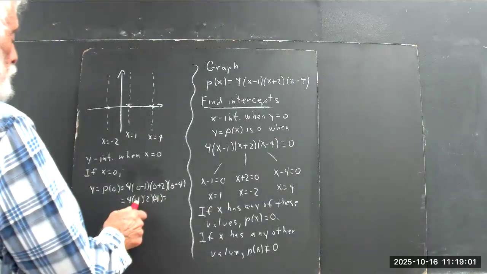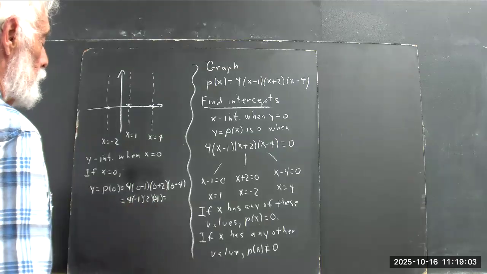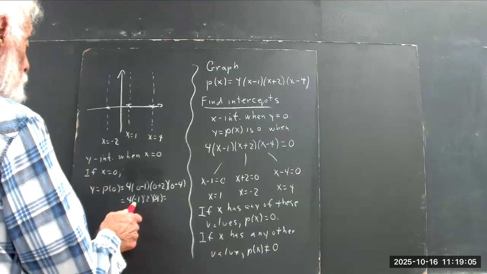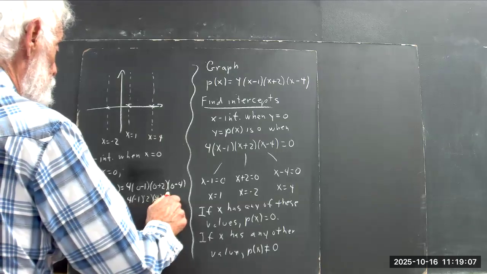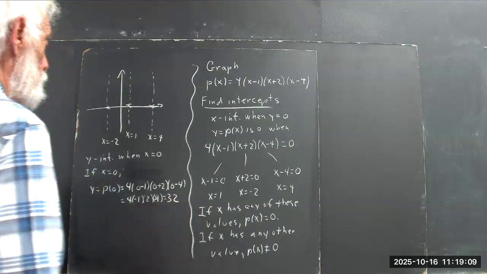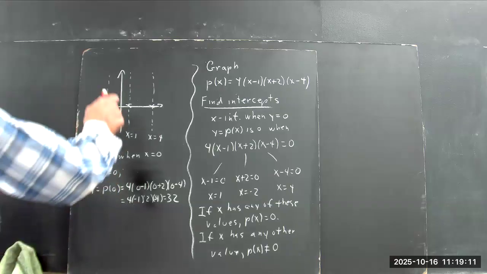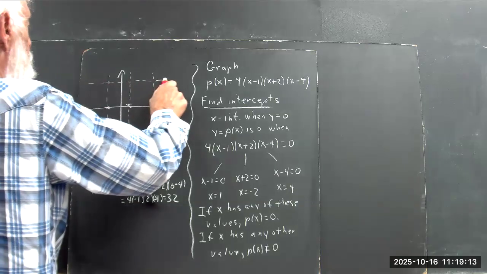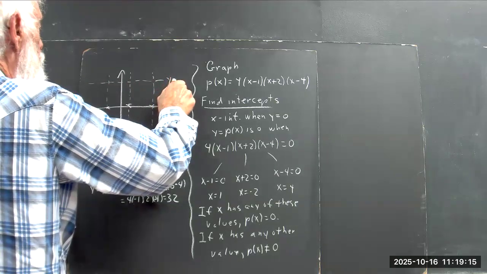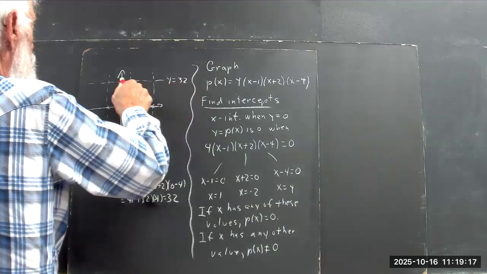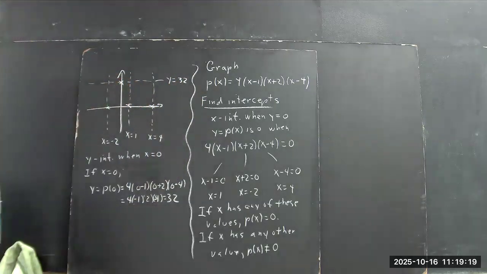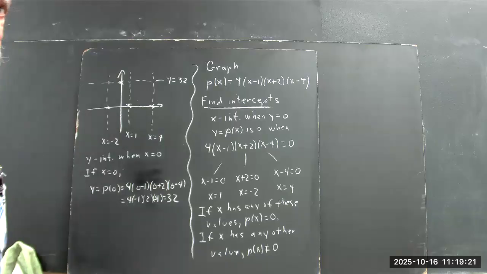Okay, so 4 times -4 is -16. Multiply it by -1, you get 16. Multiply it by 2, you get 32. So now we know on the line y equals 32, we have a point of our graph.